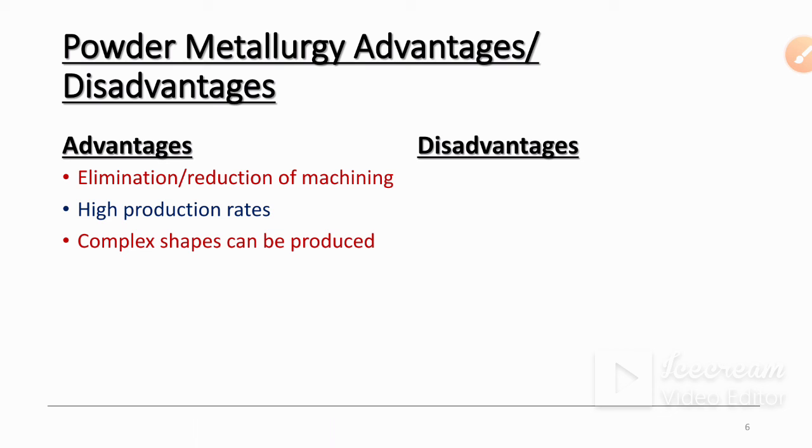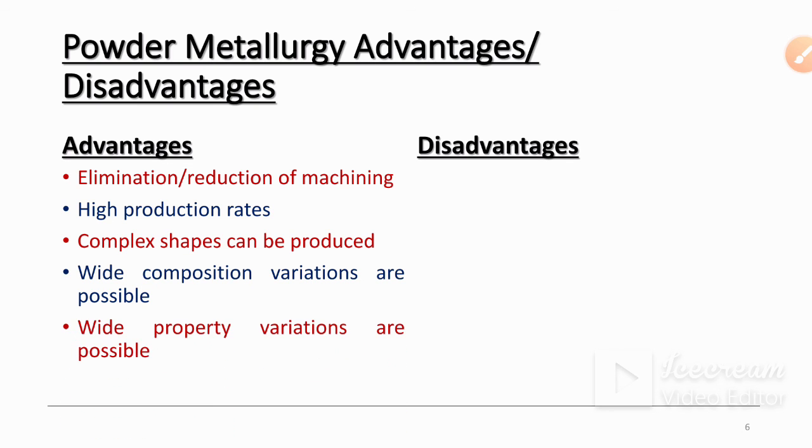Complex shapes can be easily produced. Wide composition variation is possible. Wide property variation is also possible. Scrap is eliminated or reduced. In this process scrap is eliminated, and if generated then we can recirculate the scrap and make a product from it.